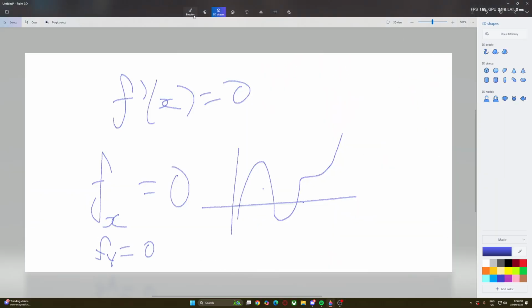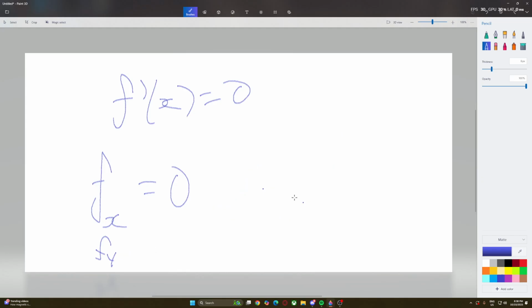Alright, so we're back. That is basically the idea. As you know, there's the second derivative test in one variable calculus. Now there's actually a second derivative test in calculus 3.